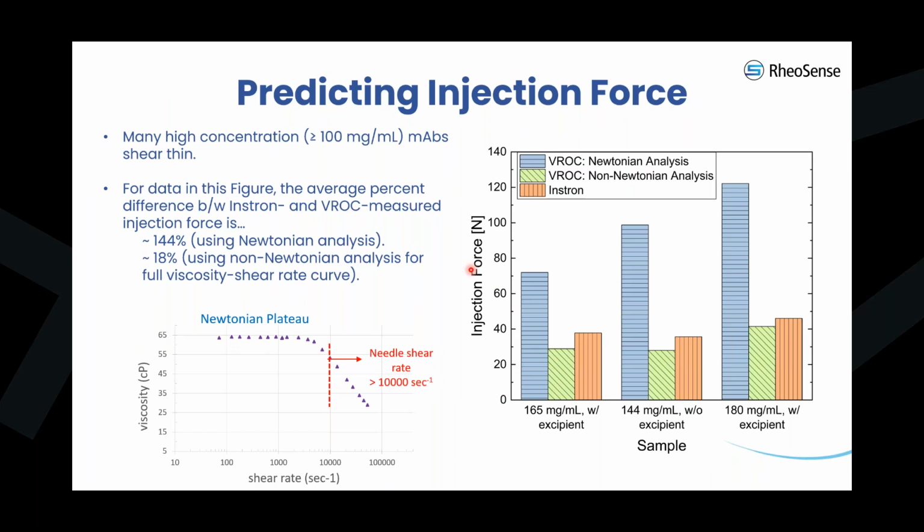So we see that it gives us a much more accurate result. I want to emphasize again, to accurately predict injection force, especially for shear thinning formulations, we must measure viscosity over a wide range of shear rates. A single point viscosity measurement does not give you an accurate value for injection force.